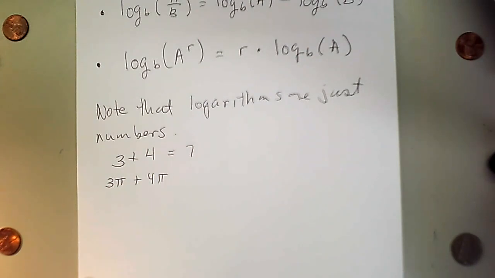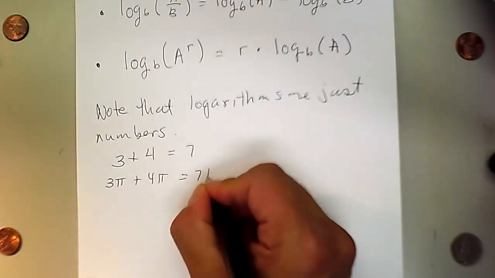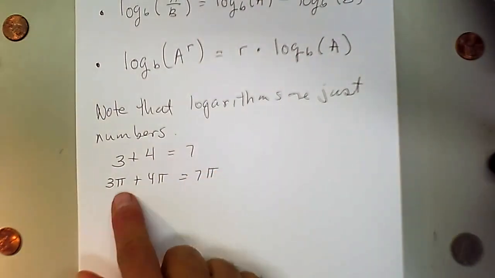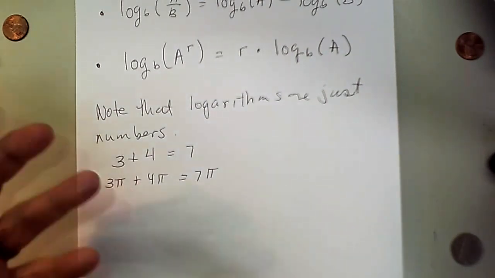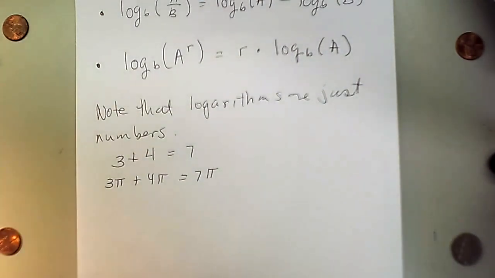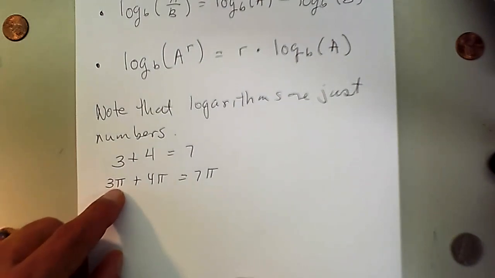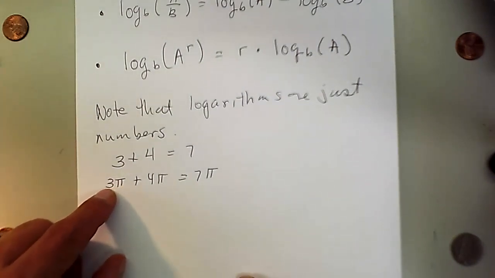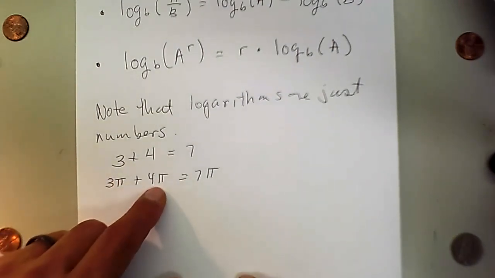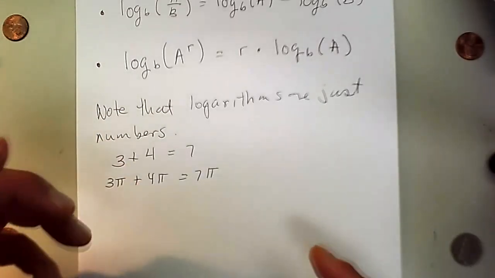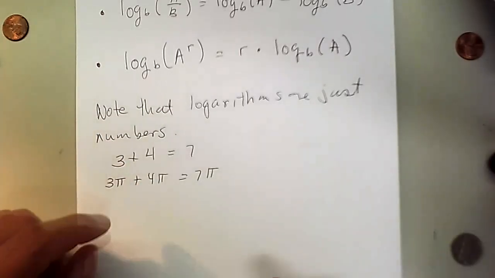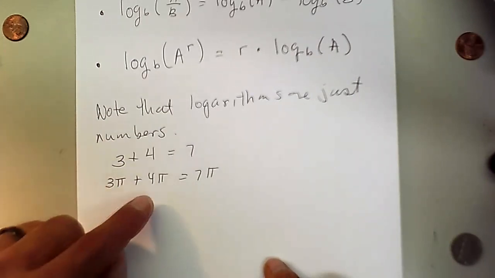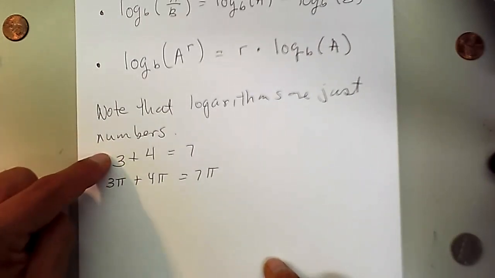And then what is that equal to? Well, that is 7 pi. And at first, maybe that is a little confusing because it's like, wait a minute, 3 pi, what is that? Am I supposed to multiply 3.14 times 3, and then multiply 3.14 times 4, and then put it in a calculator? No. What we want to do is just simply treat them as regular numbers.